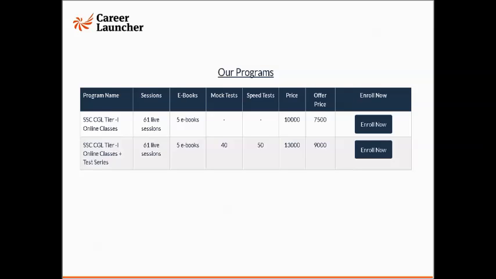So you will be able to get command over the topics. The topics covered in SSC, the same topics for quant and English, are also covered for banking, so you are prepared for banking also.